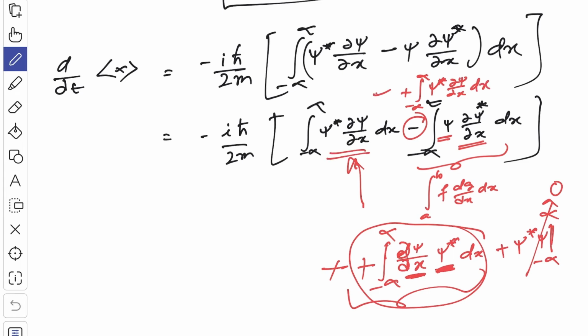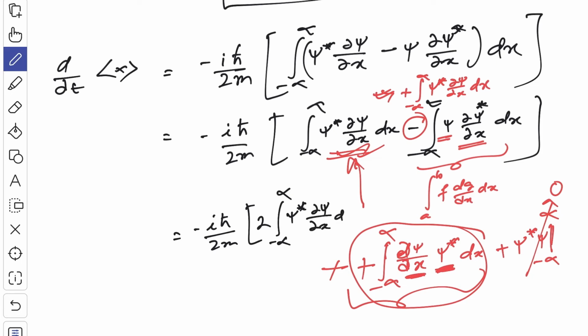So adding these two, this one and this one, so what you will get, so let me write in blank, okay, so then you will get minus i h cut by twice m and within bracket twice the integral from minus infinity to plus infinity of psi star del psi by del x dx.